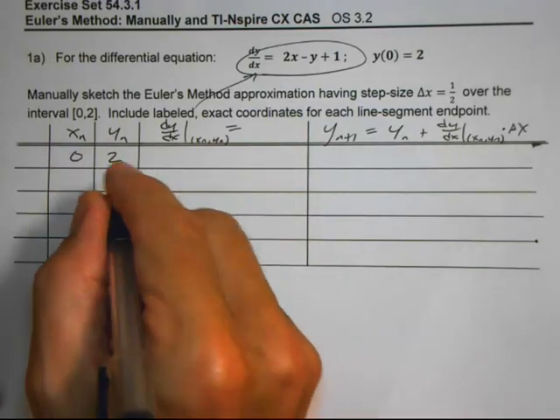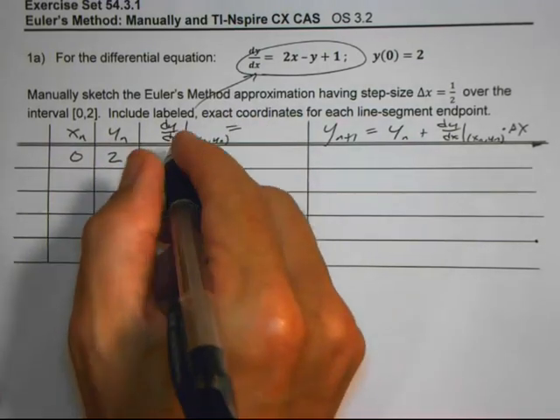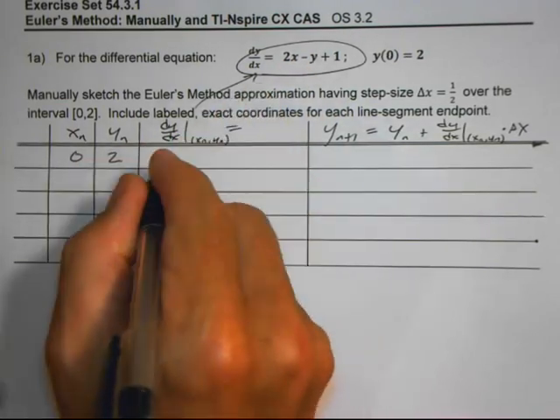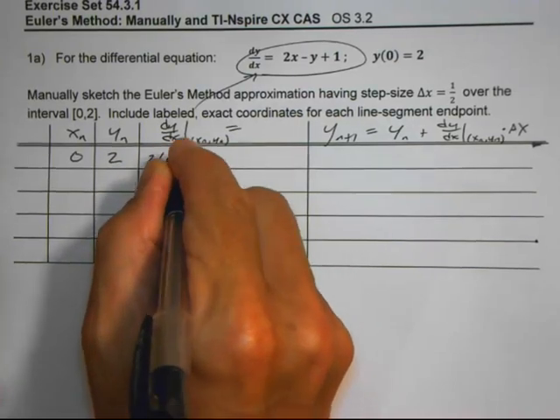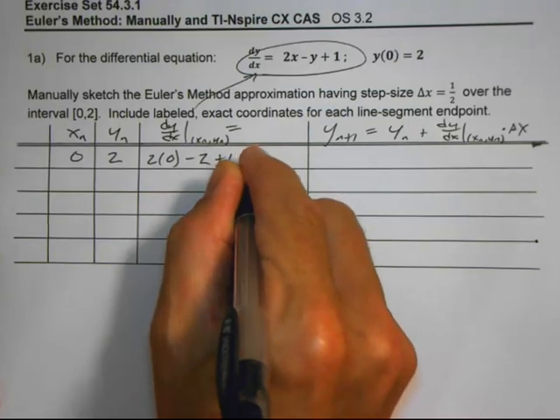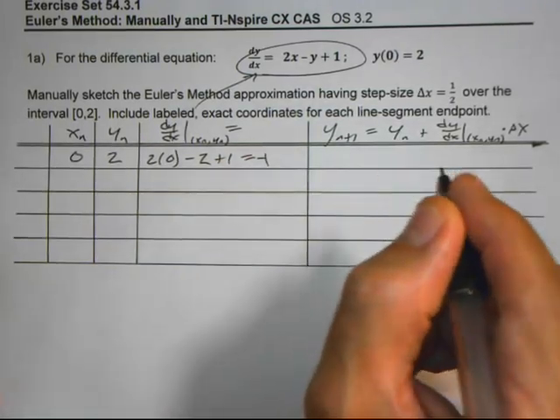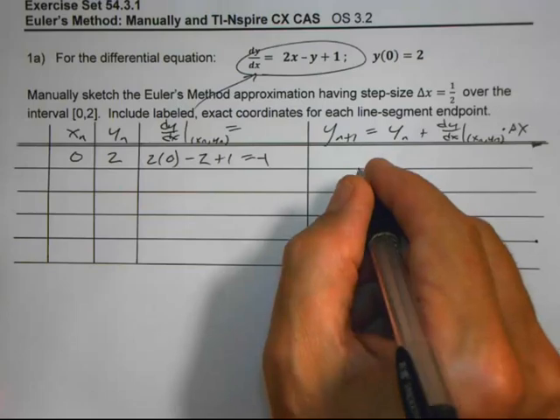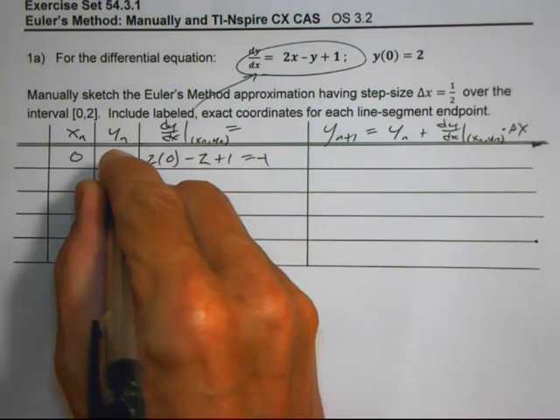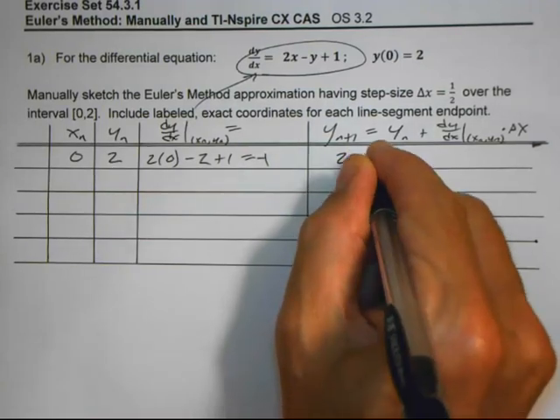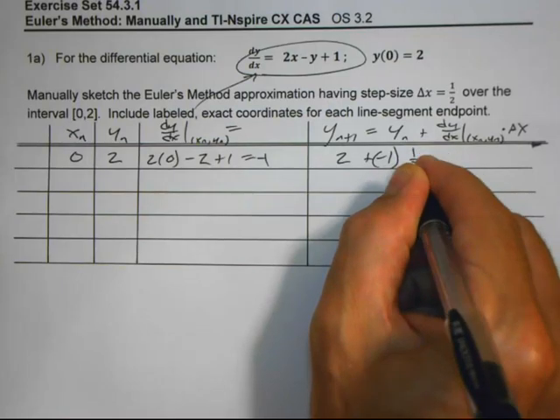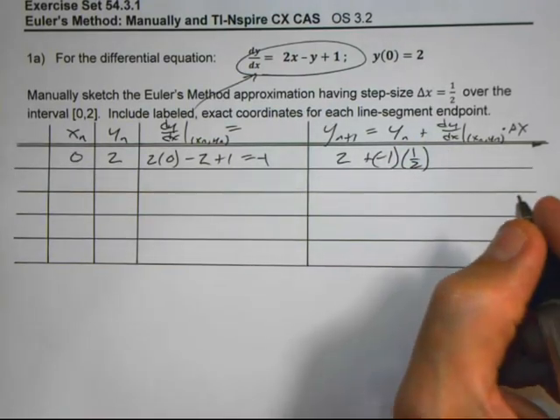Okay, the first point we know of is this (0, 2). So from there, which direction to head? dy dx, here's the formulation. So substituting the (0, 2) in there, 2 times 0 minus 2 is y, plus 1 looks like negative 1. Okay, so our y sub n plus 1 will become, the original y here is a 2, plus slope times delta x. Step size is 1/2.